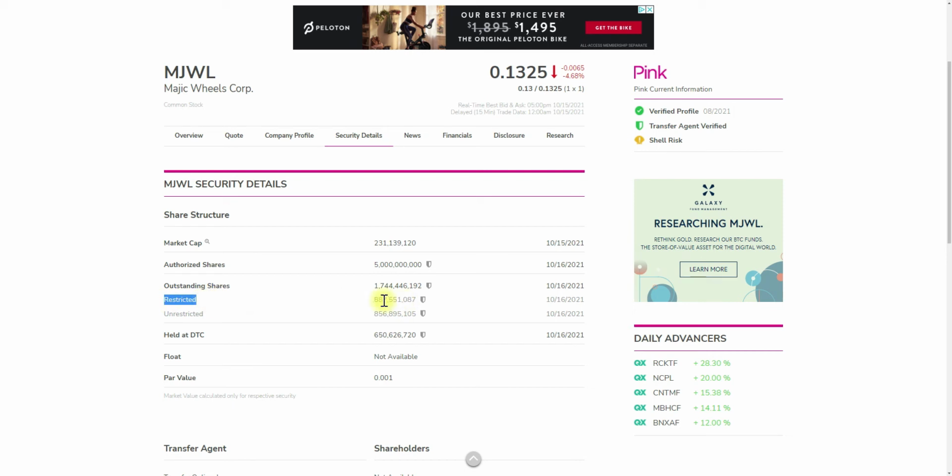Half of that is restricted, the other half is unrestricted. Float is not available. I go by unrestricted. So technically, we're looking at a float of what we trade of 856 million shares. All right. So you and I, if we went to buy MJWL, that's how much it's moving by. Okay. That's how many shares that we trade when we're buying it.